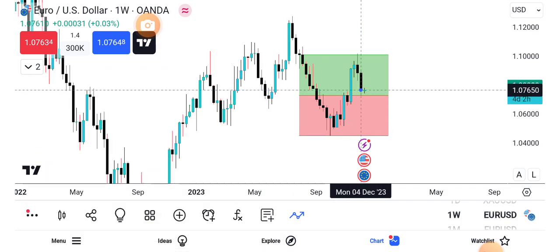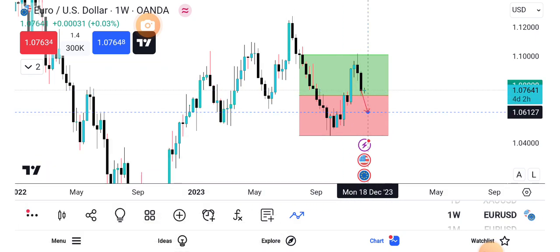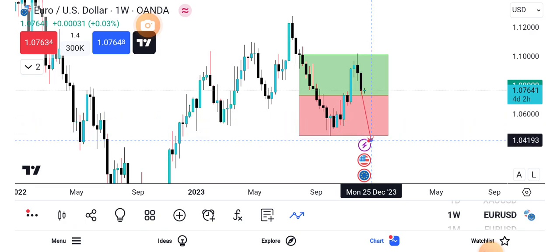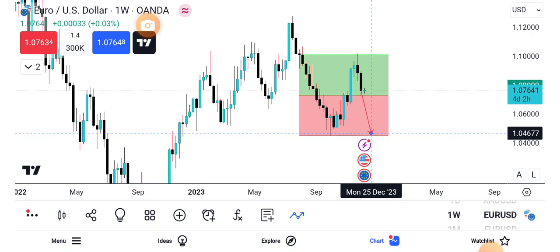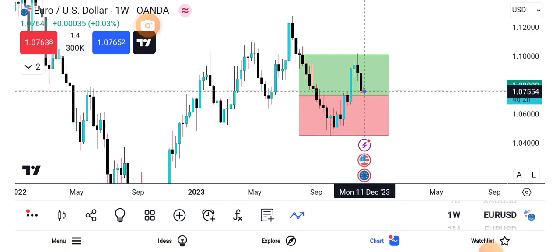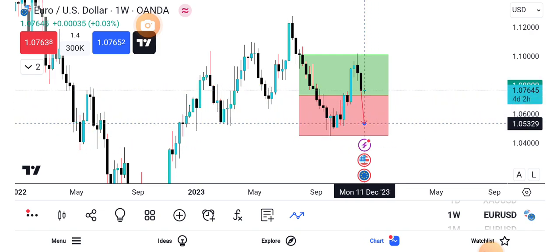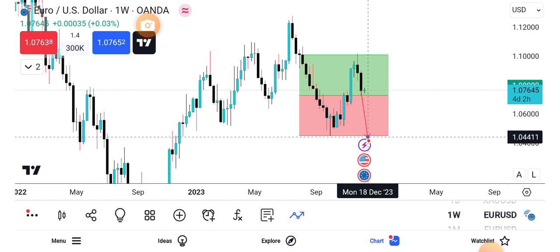Because price can retrace lower, hit that order block, or maybe grab these lows, but the market cannot go straight lower without retracements. So this liquidity can be grabbed.